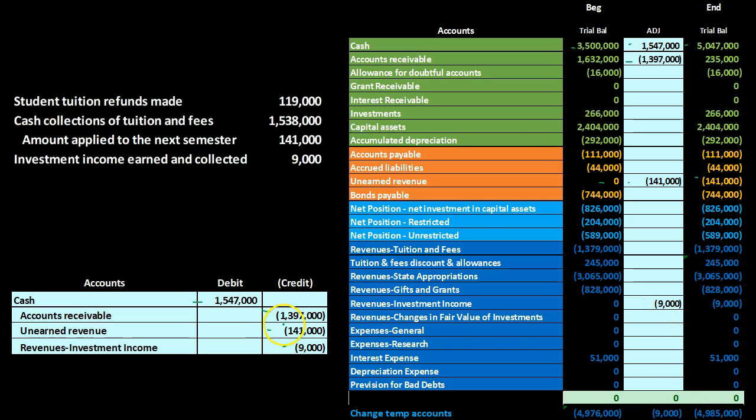The other accounts, of course, being up top because we didn't earn the cash we got now for the receivable. We earned it in the past. Now we're simply collecting on it, and we have not yet earned this amount yet. We're going to earn it, although we got the cash. We haven't earned it. We're going to earn it at some point in the future when we actually provide the education that has been paid for.